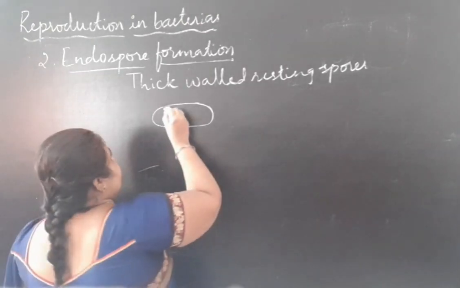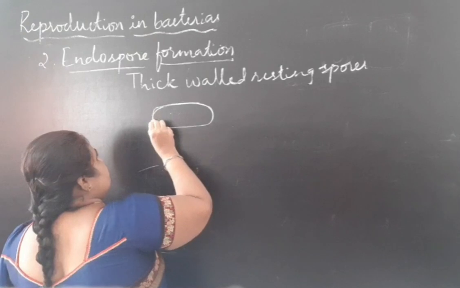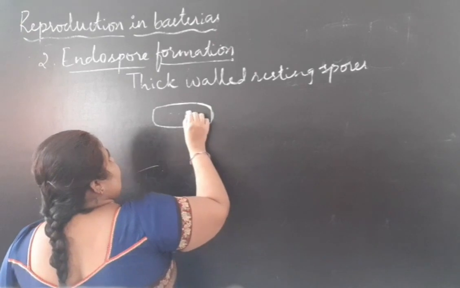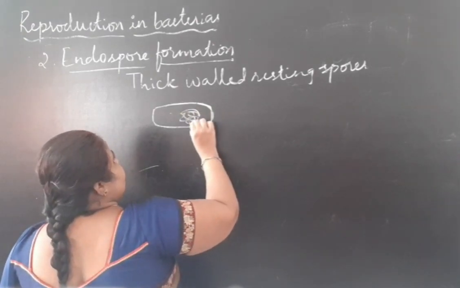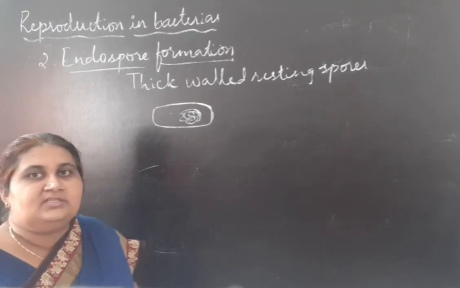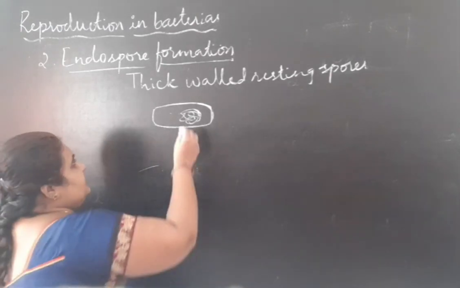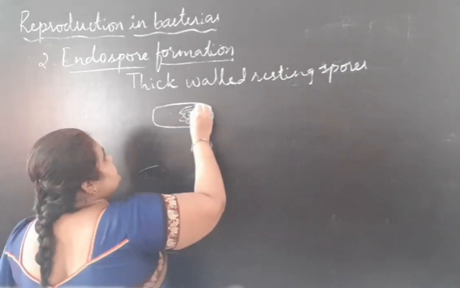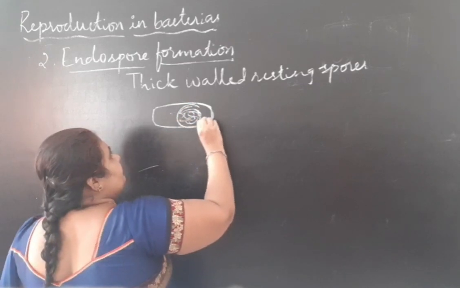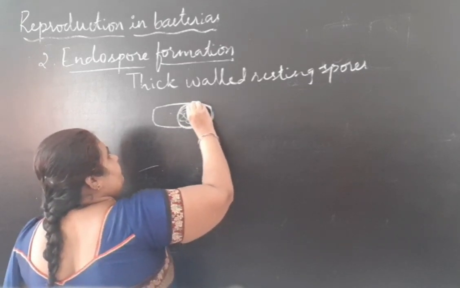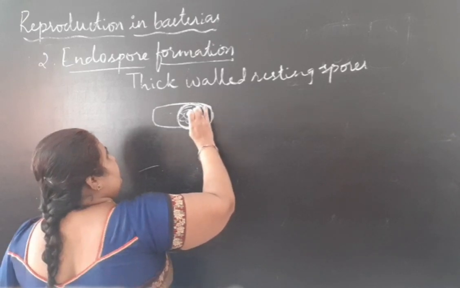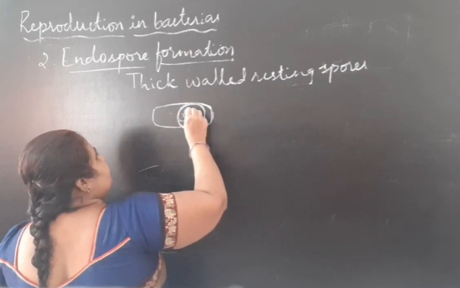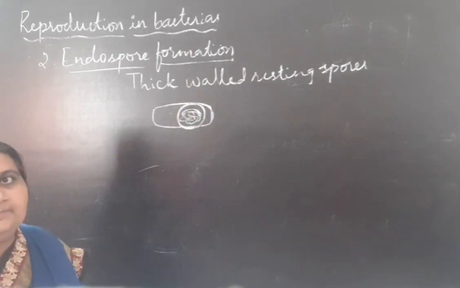So what does it do? There is genetic material. Around the genetic material, the nucleoid, it starts accumulating, collecting the protoplasm, and starts producing a membrane. A thick wall is being produced.